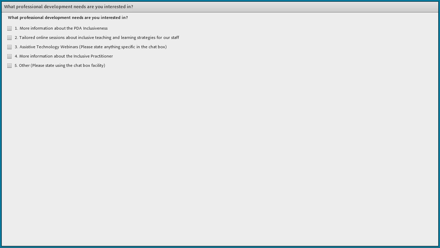There's also quite a bit of interest, almost at 70%, in the inclusive practitioner as well. And we've got, sitting on sort of 30 to 40%, people interested in PDA inclusiveness or tailored online sessions about inclusive teaching for staff. So I think the AT portal that you're discussing for September is going to be very much in demand. Brilliant. Thanks so much for that, Kelly.